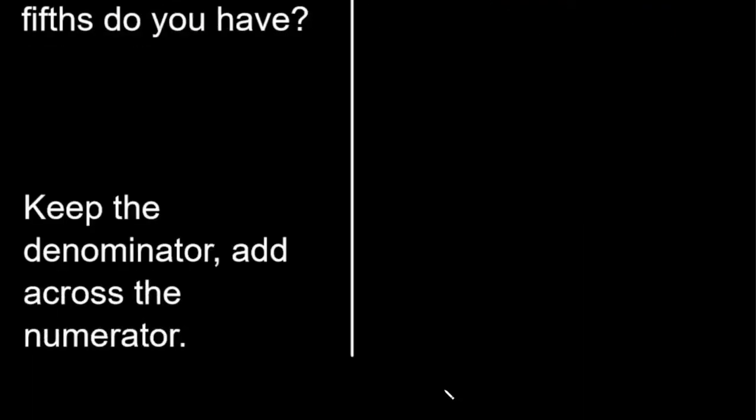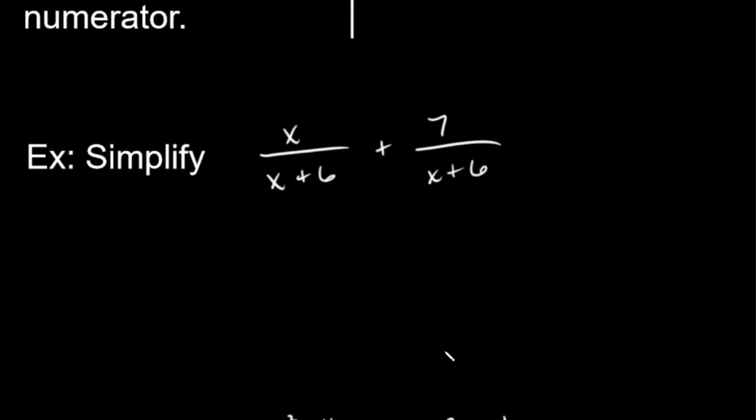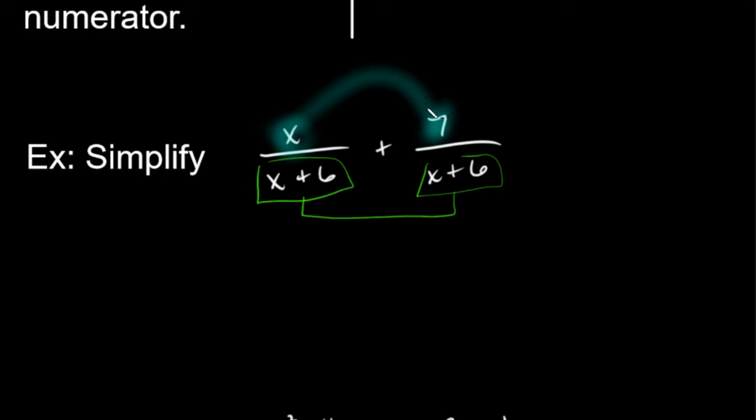So with that being said, let's start getting into stuff that might look a little more foreign to us. We've got x plus 6 and x plus 6 as our denominators. Remember, if you're thinking about the denominator as categories, then these are the same, which means that the numerators are just amounts that we have of the quantity down here.